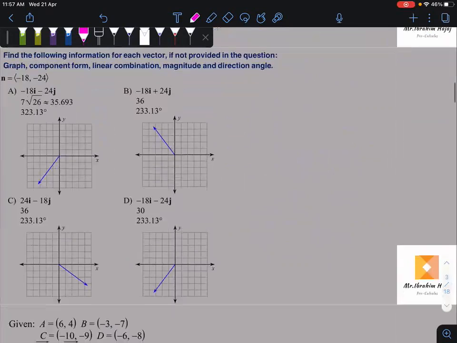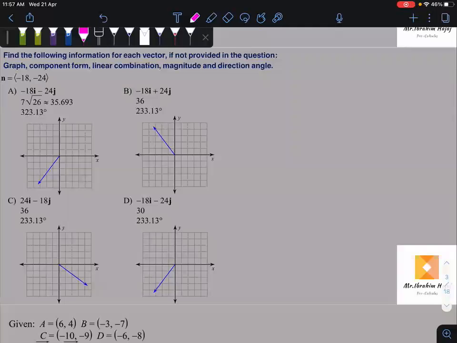Next question. Also, it's given here, guys, n is equal to (-18, -24), another vector. Also the same thing, we would like to find the magnitude and we would like to graph if it's not graphed. Yes.